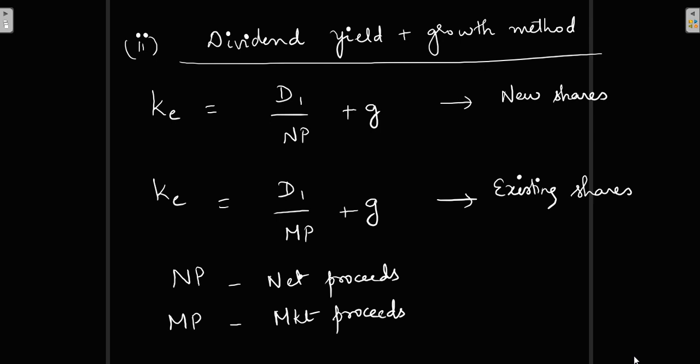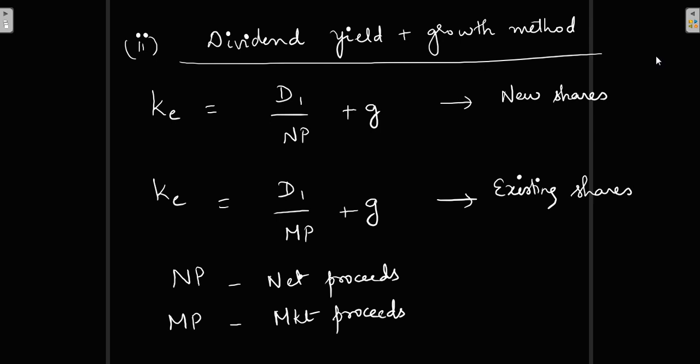So here again we will be using two formulae based on the kind of shares that is being discussed. If it is in the case of new shares, we will use expected dividends divided by net proceeds plus growth rate. In the case of existing shares, we will be using dividends divided by market price plus growth.